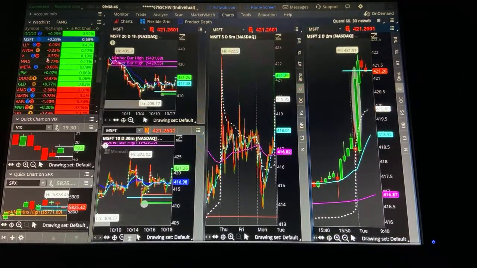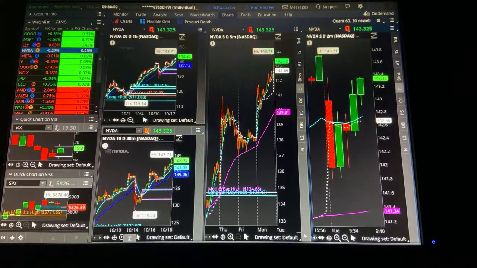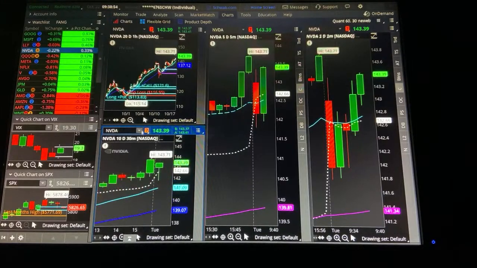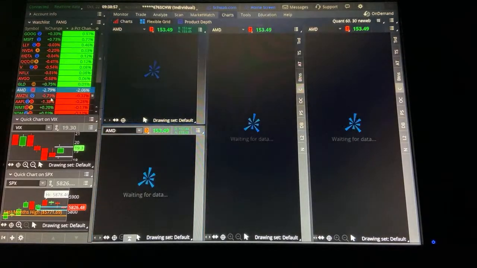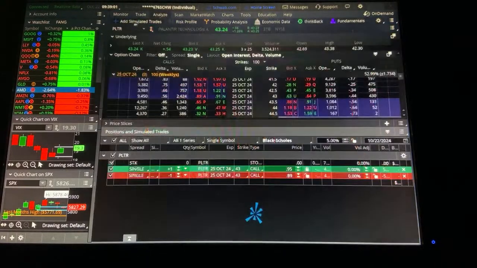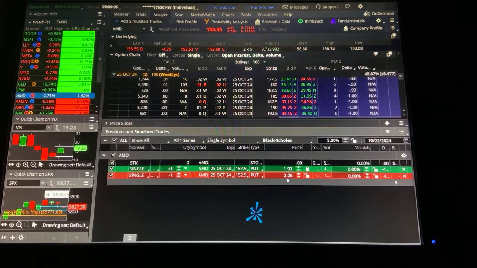All right, let's see, NVIDIA. All right, I'm gonna take some profit here on AMD. These are kind of already printing up to the two.